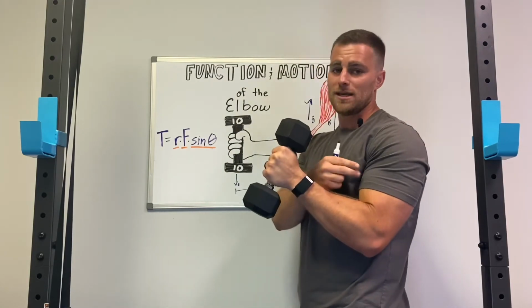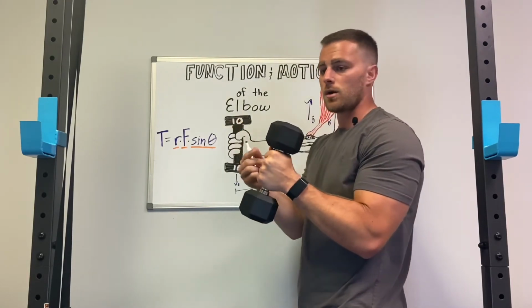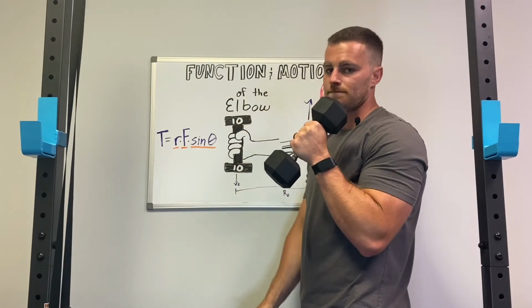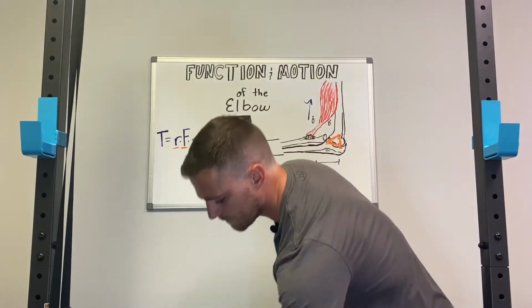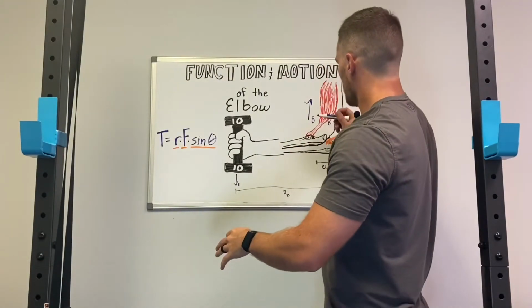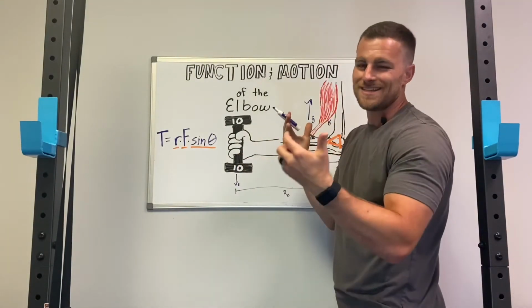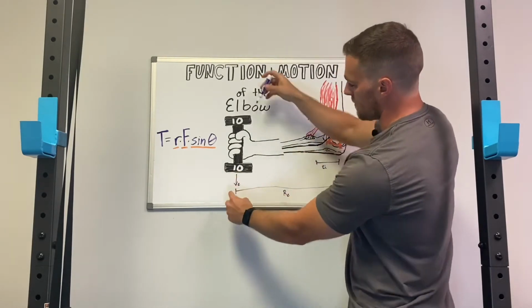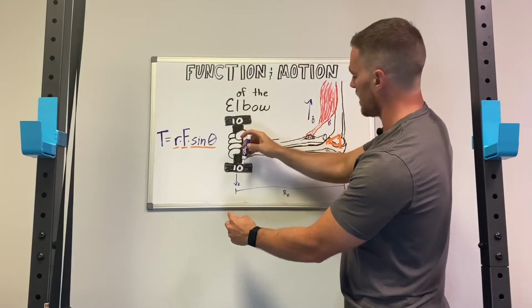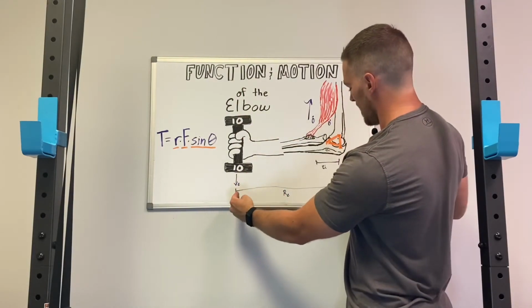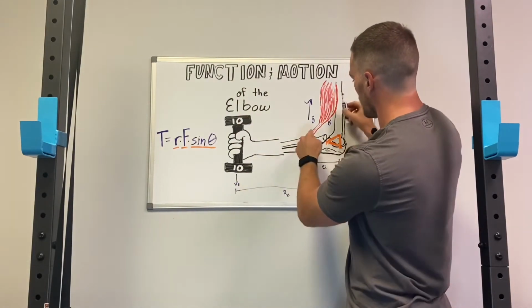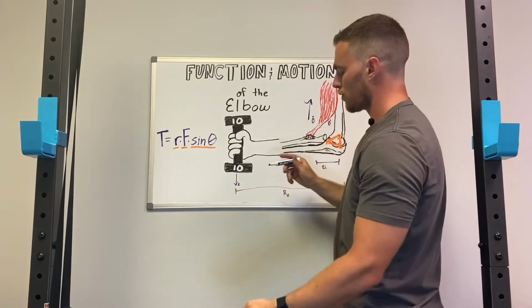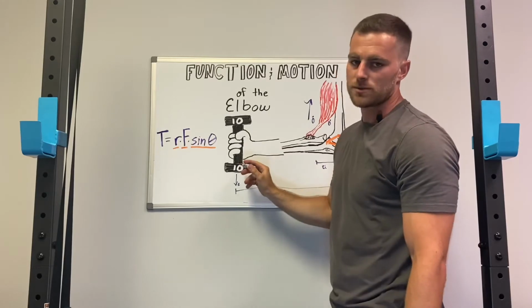Now, I'm obviously still trying to keep tension in the correct muscle, but from a mechanics standpoint, I don't have to produce as much force up here. Now it's important to note too that, due to the mechanical disadvantage the muscle is at, just because there's 10 pounds of force going straight down this way, due to the change in radius from the muscle attachment to the length of the arm, my bicep has to create much more than 10 pounds of force.